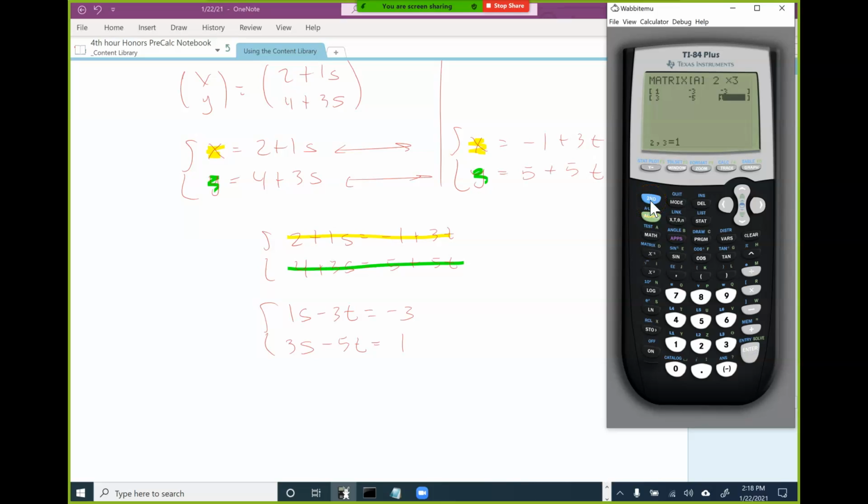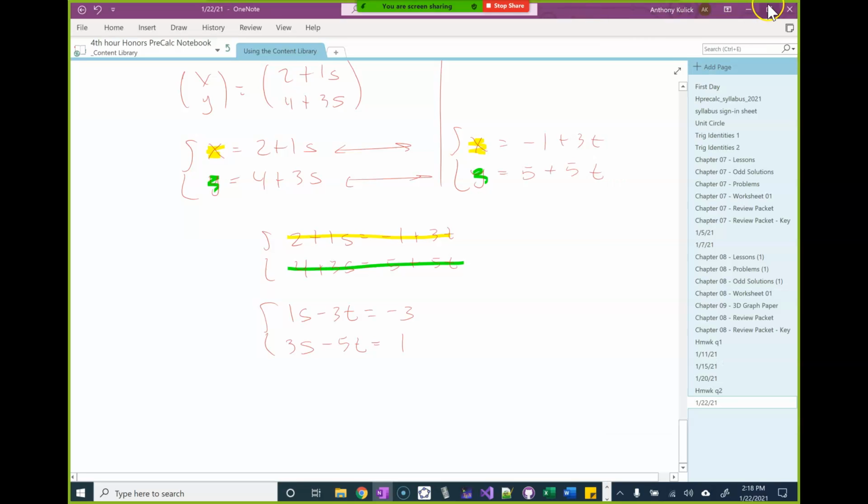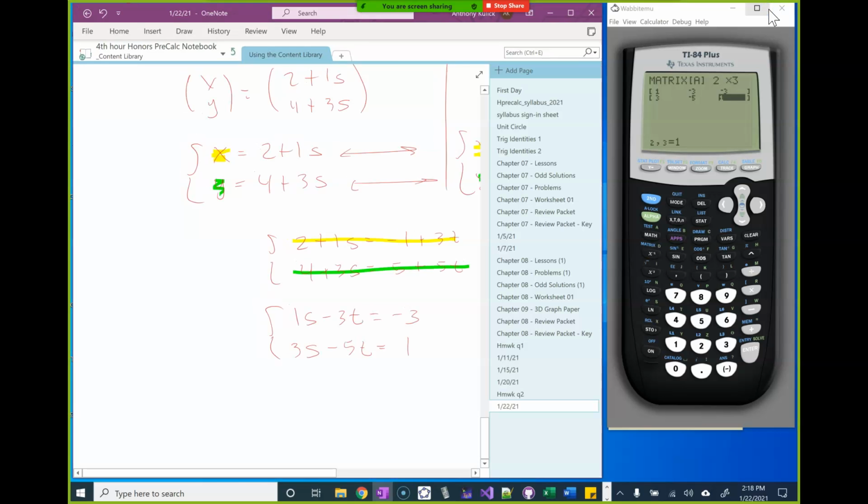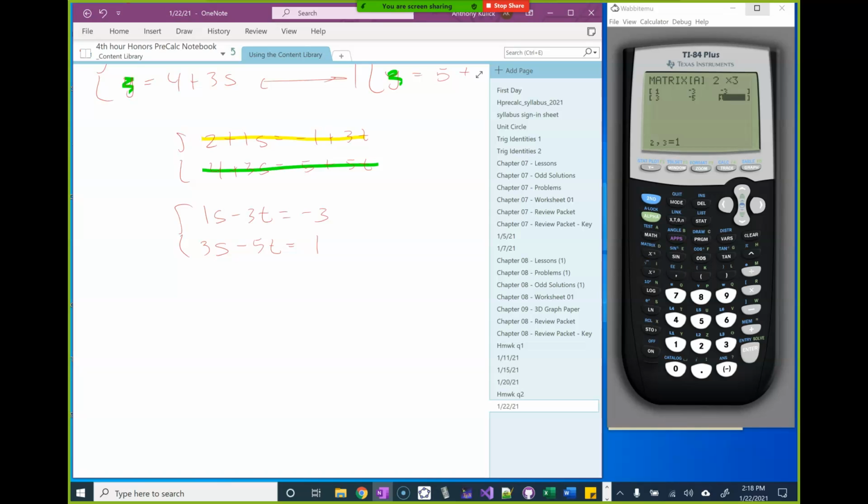That's okay. I'm trying to figure out where it is. Are we okay with how I got to this system here? So I subtracted the 2 over and then subtracted the 3t over just to get everything lined up. Subtract the 2 and then subtract the 3t.